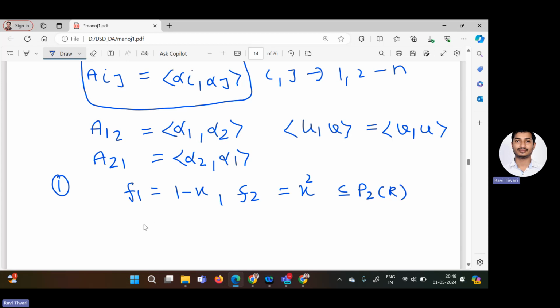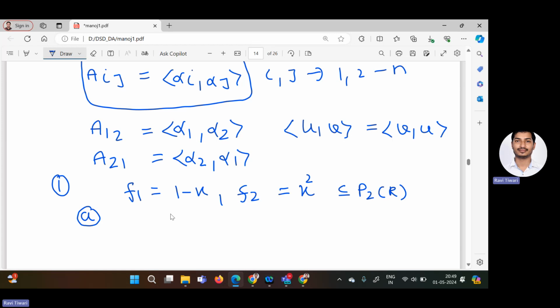Now we have to calculate the matrix representation by these two, F1 and F2. After looking at the number of bases, you should immediately get in your mind that the obtained matrix will be 2 cross 2. This question can be asked with respect to the standard inner product, or they will give you some inner product.